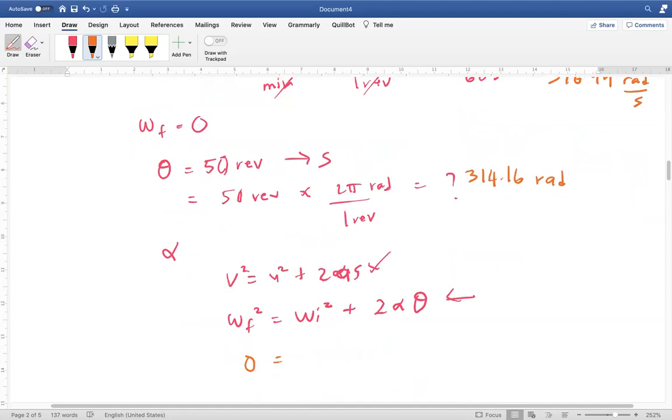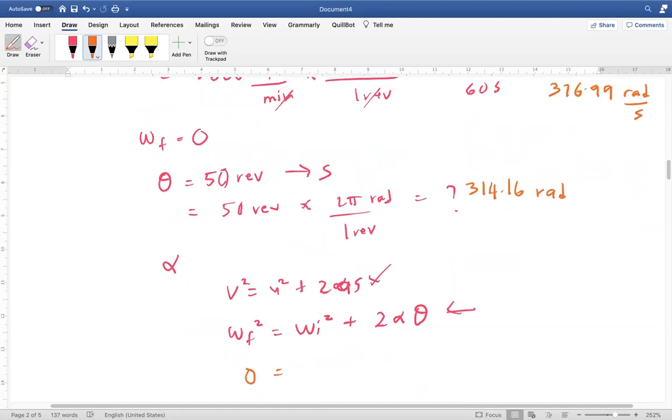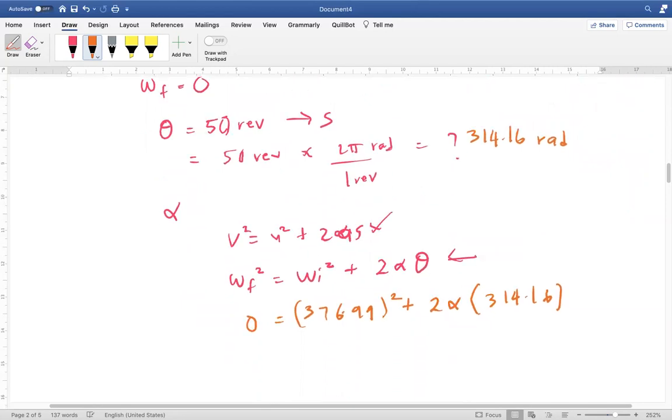So put in the values. 0 equals 376.99 squared plus 2 alpha theta, where theta is 314.16. Okay, so you can use your calculator and solve for alpha.